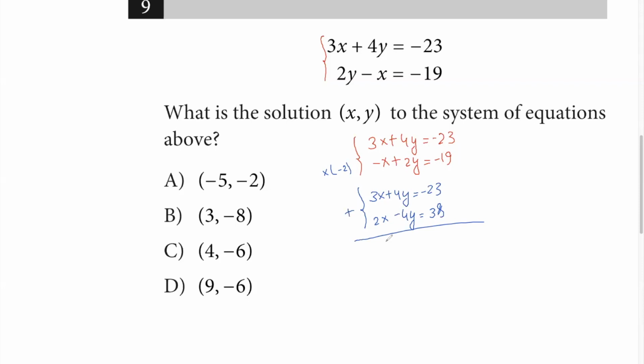And then the sum of them: 5x is equal to 15. Here we get x is 3. If x is 3, you don't have to find y here, because we have only one choice which has 3 for the value of x, that is B.